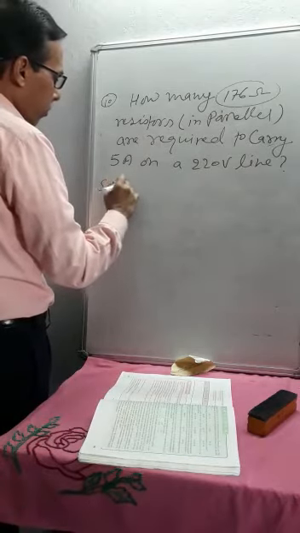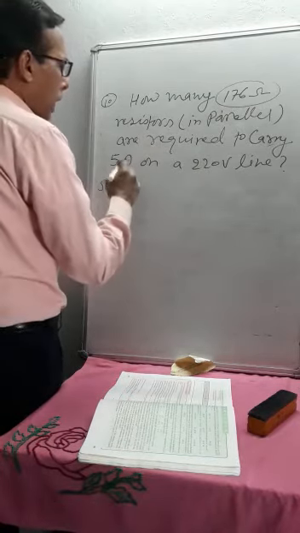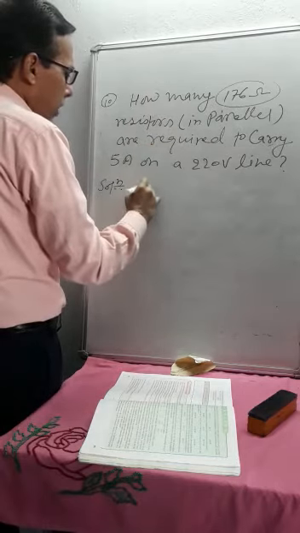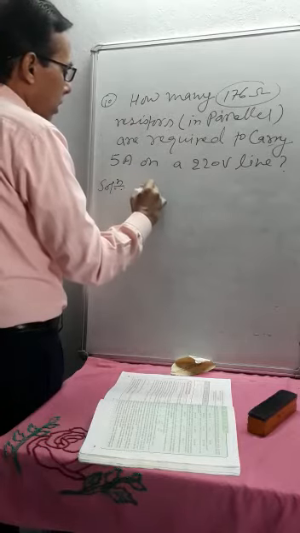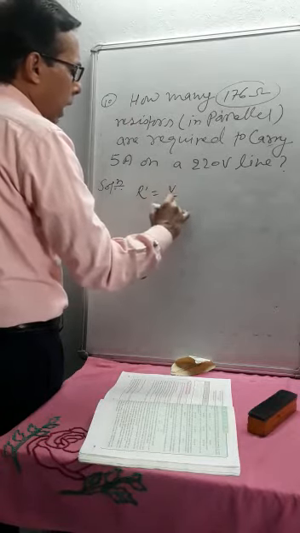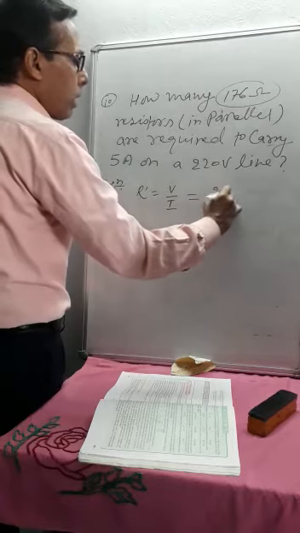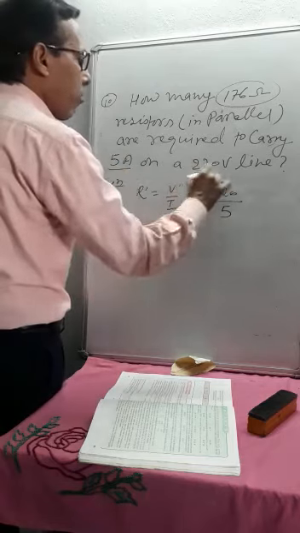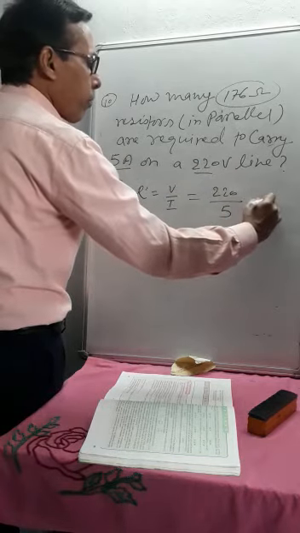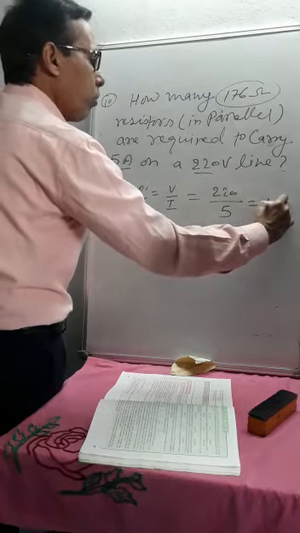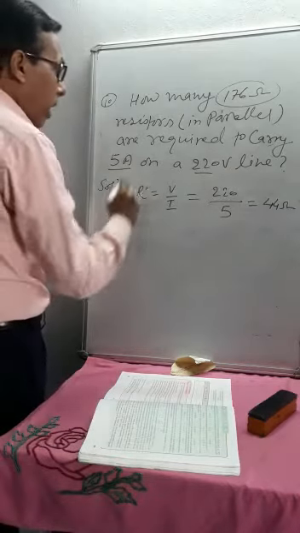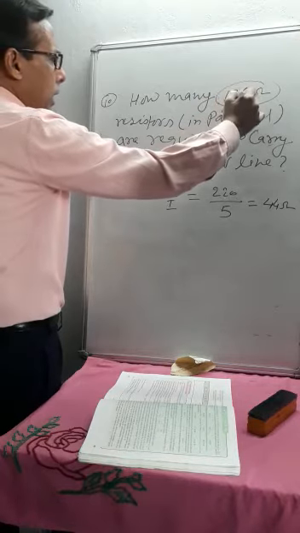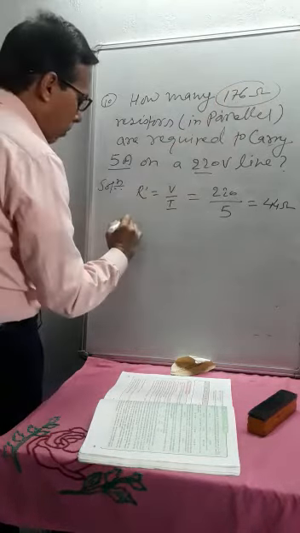Solution. Here the value of R dash is equal to V by I. Here V is 220 divided by current 5 ampere. So this is equal to 44 ohm. Now the resistors of resistance 176 are combined in parallel.